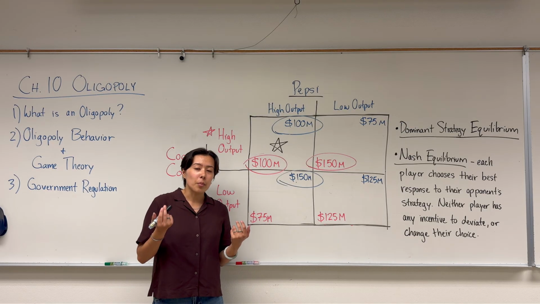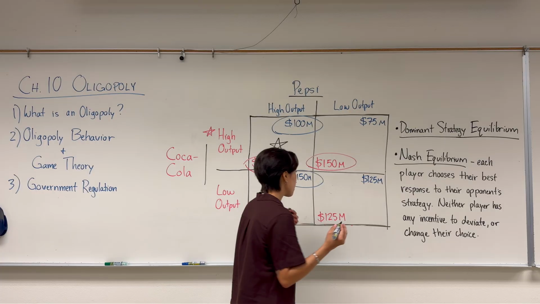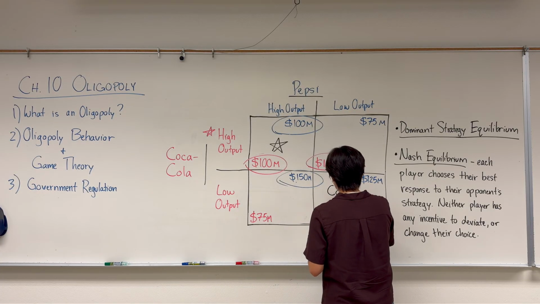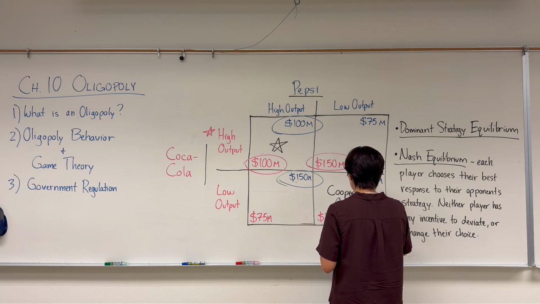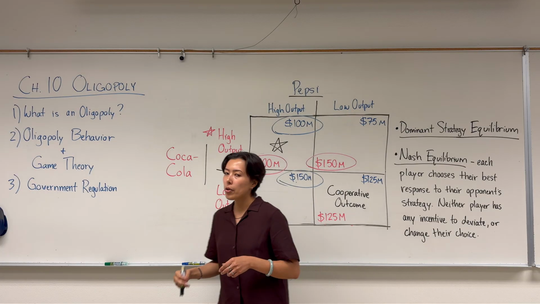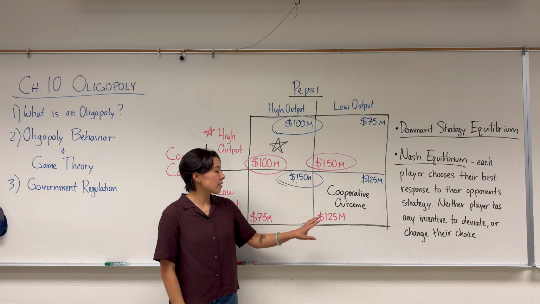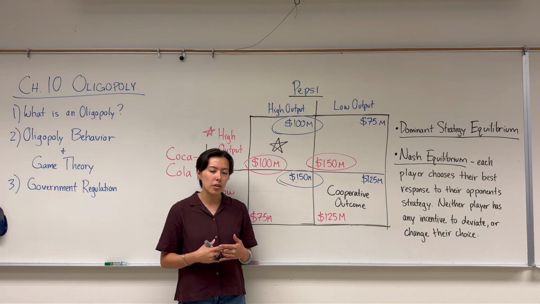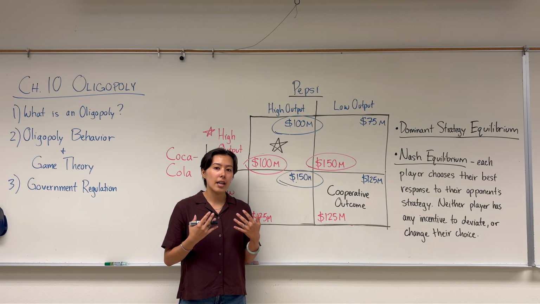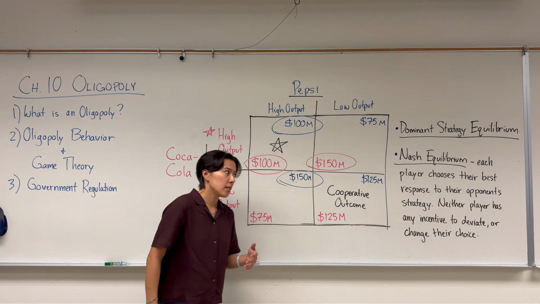Just like we saw in the prisoner's dilemma game, though, our firms are missing out on this cooperative outcome where they can each earn a higher level of profit. Now, this cooperative outcome here is this collusive outcome if Coke and Pepsi joined together as a cartel and operated as a joint monopoly.